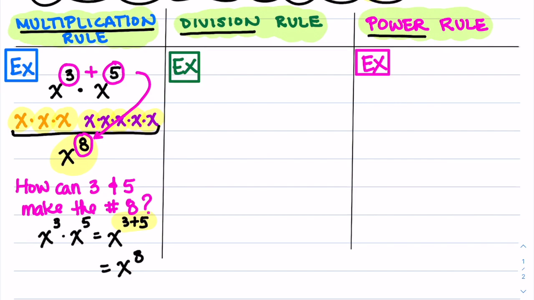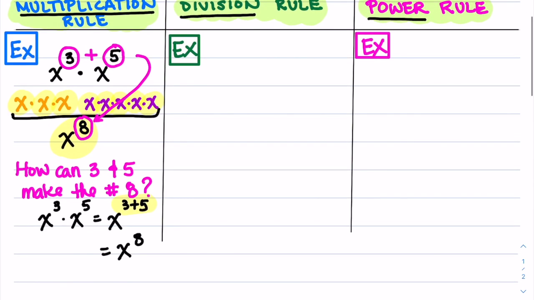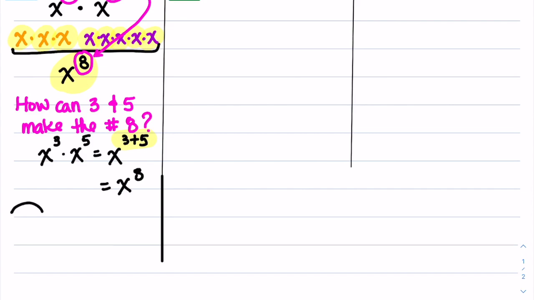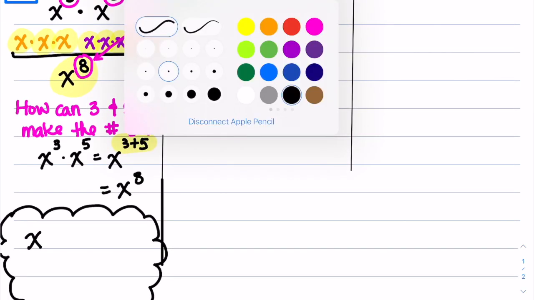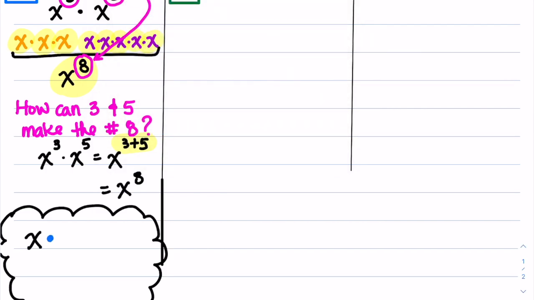Okay, so if I wanted to write this a little more generally, let me extend this line real quick. I would say something like this. So this is the multiplication rule. What it says is, if you have the same variable, so x times, that's why it's called multiplication. In fact, let me write that in blue since the whole color of this is blue. So times x, right? Notice that I wrote the same letter. It only works if you have the same letter.